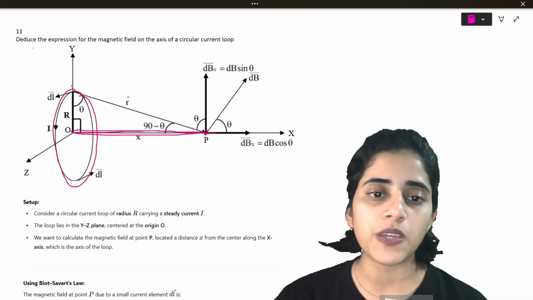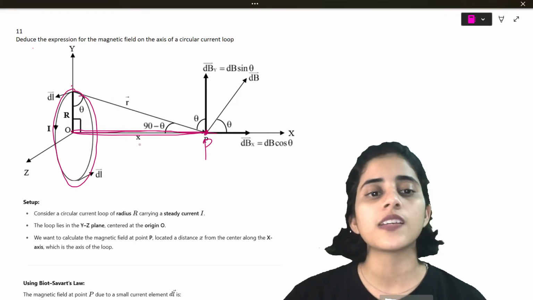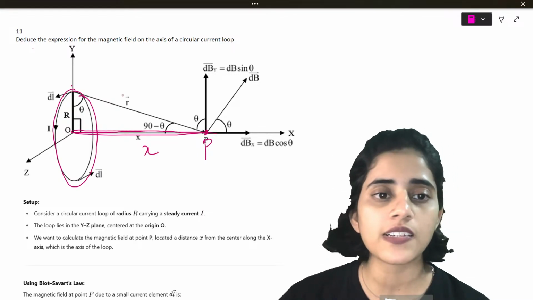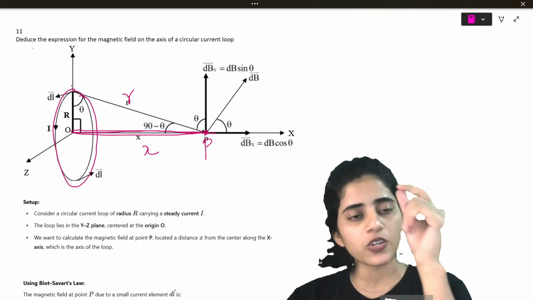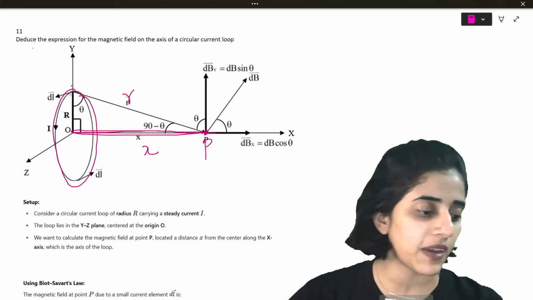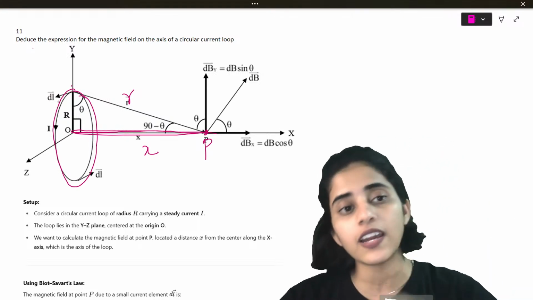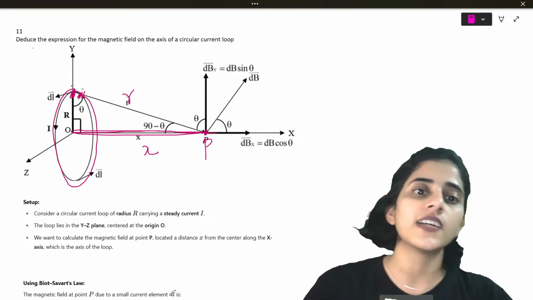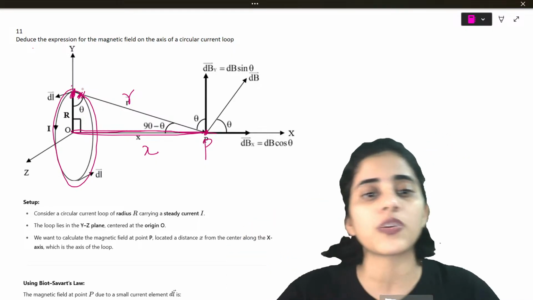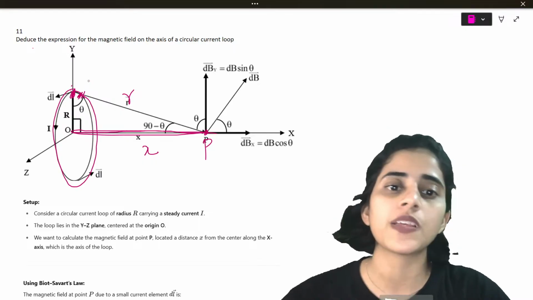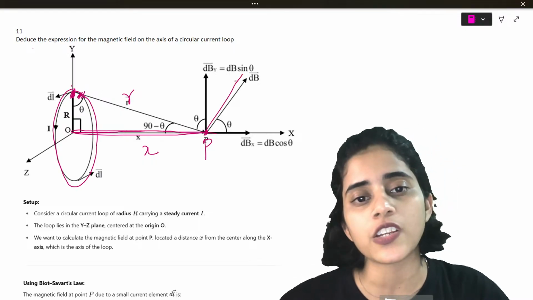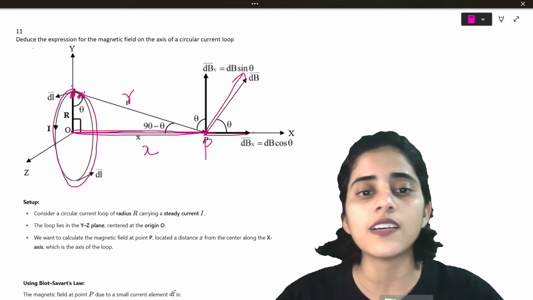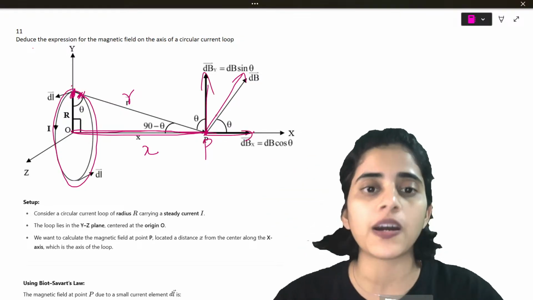So what will you do? You take a point P, which is at a distance x from the center. Now P is at a distance r from a point on the loop where you are going to find out the magnetic field, where you're going to take the element. So there's a small length element dl that you take. dl is at a distance r from the point P. Now magnetic field will be in which direction? This direction. So this direction cannot be equated, so you take the x part and the y part.